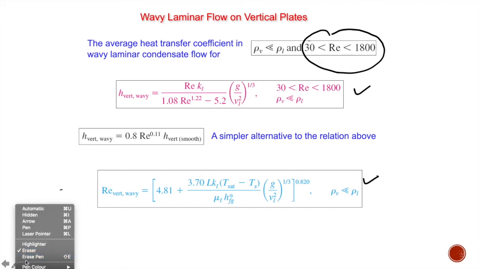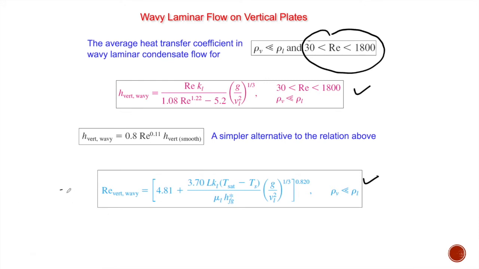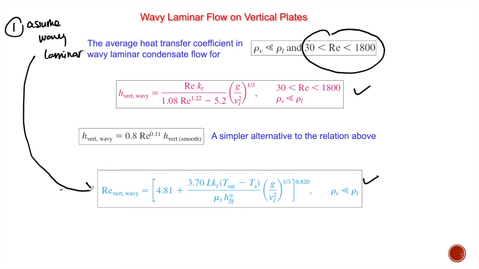The steps to solve the problems in condensation. First, you make an assumption. Assume wavy lamina. So this is your first step. After you assume wavy lamina, you go to this Reynolds number equation for wavy lamina flow.